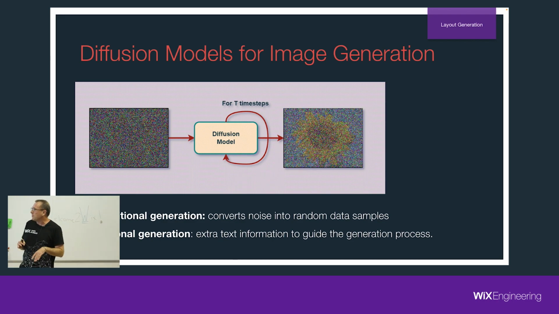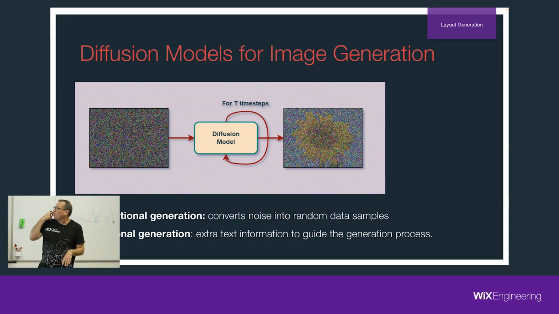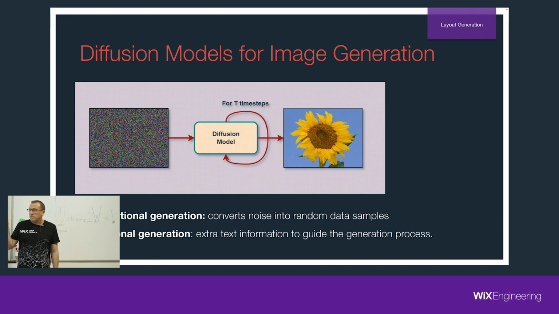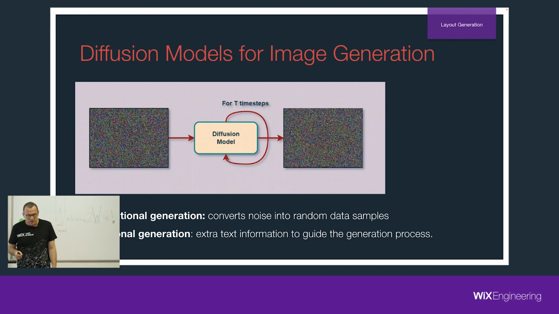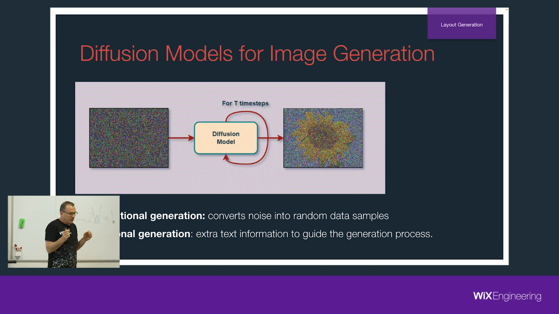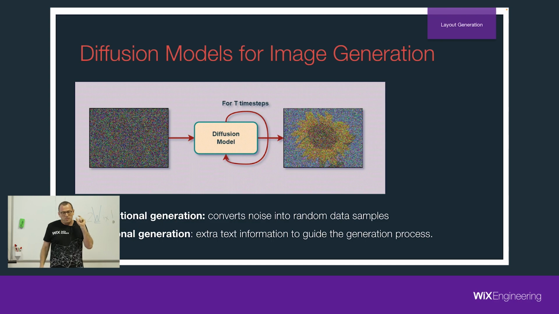Before we answer that question, let's talk a little bit about the underlying tech for image generation. What we typically use for image generation is something called diffusion models. These models are essentially noise reduction models. There is a step that you repeat many, many times, and that's how you get to the answer.